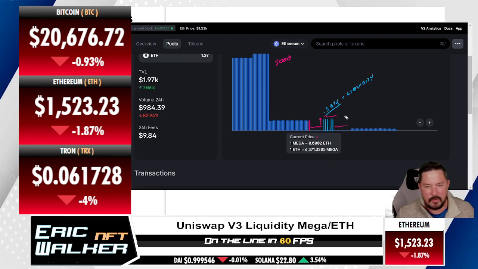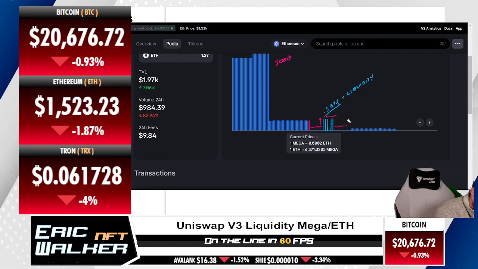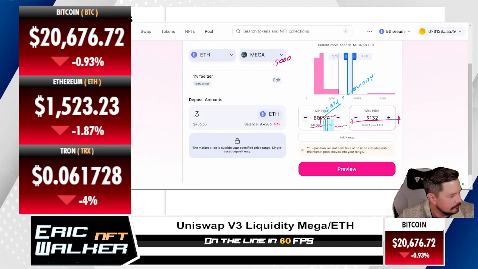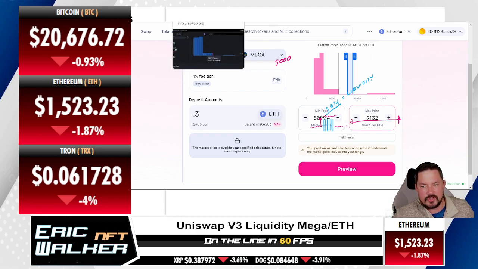That's where the little squiggly line is. That's where the price is going to fluctuate very, very fast, while up here, you're going to see that resistance until we reach this section. And again, we have that ETH backing that liquidity. In essence, guys, we've just shown you how to provide liquidity, why the price is moving, and how to read this chart.